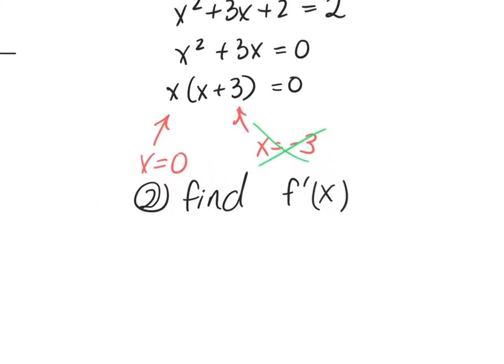After you have found the x that you put in to get the answer of 2, you find the derivative of your original function. My original function, again, is x squared plus 3x plus 2. The derivative of this is what?